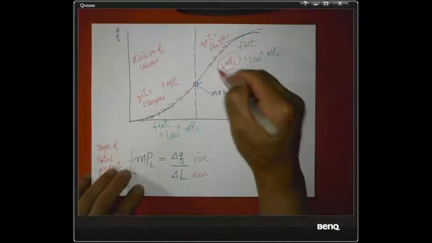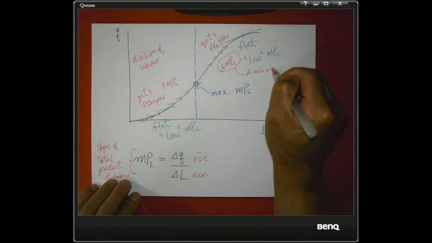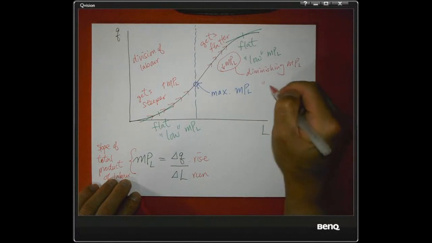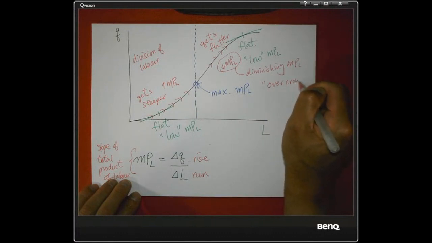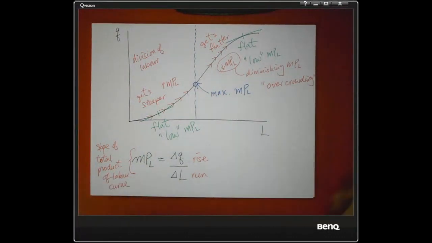This diminishing marginal product of labor is because of overcrowding or congestion.